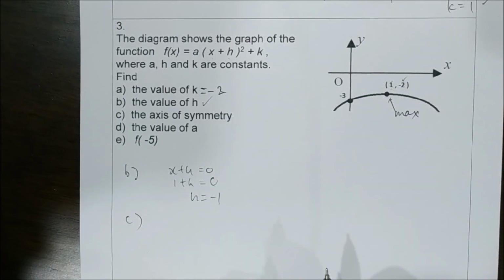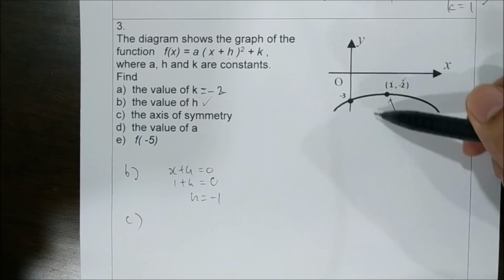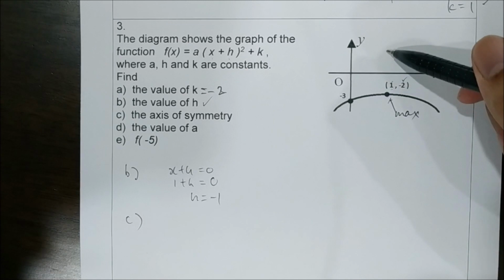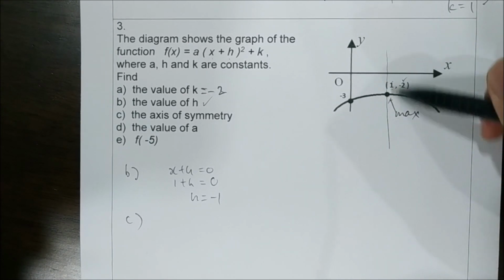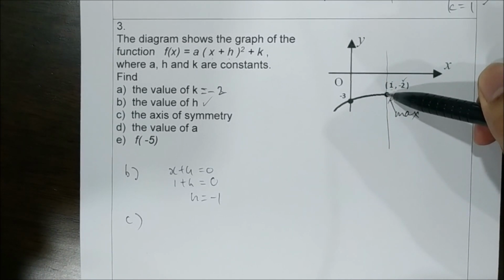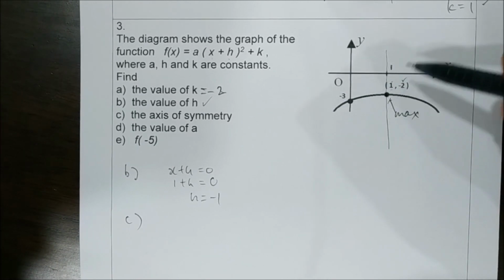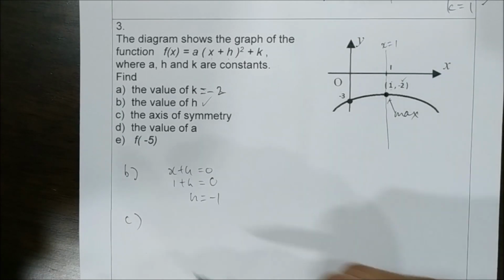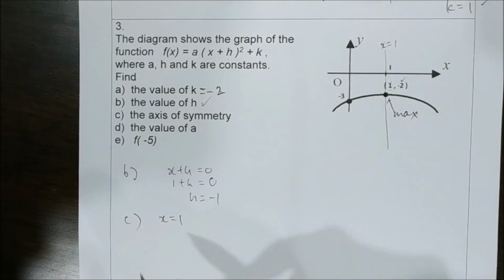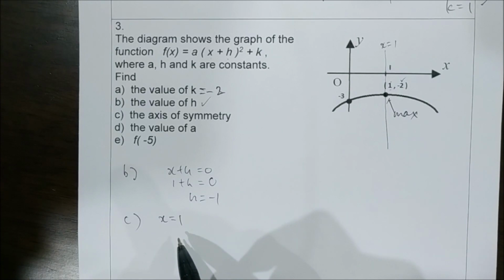C, the axis of symmetry. The axis of symmetry of a quadratic function will be this line, which passes through the maximum point. So the maximum point here has a coordinate of 1, means this line is x equals 1. So the axis of symmetry has an equation x equals 1.